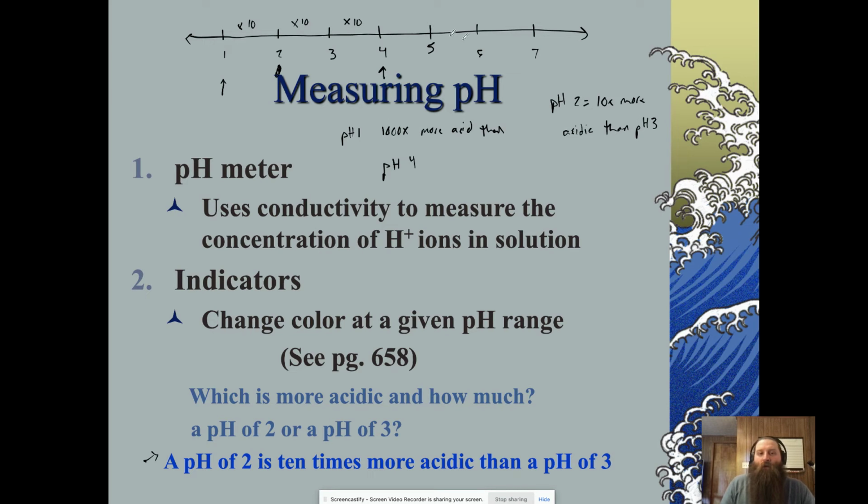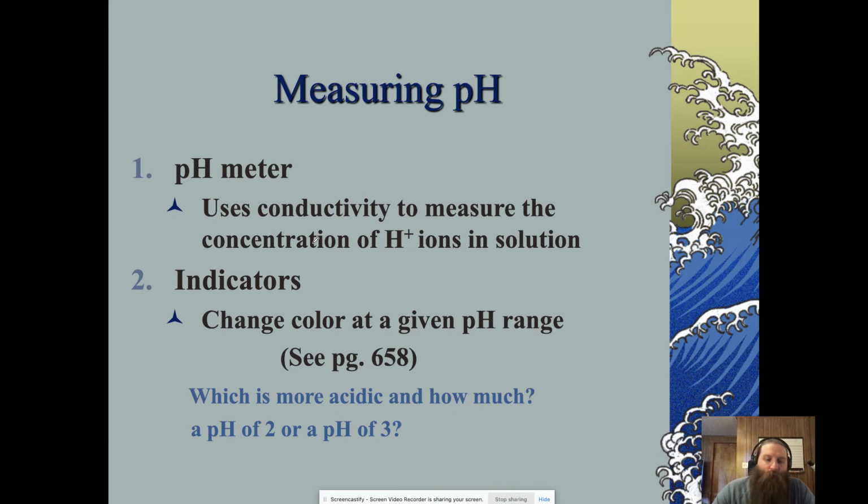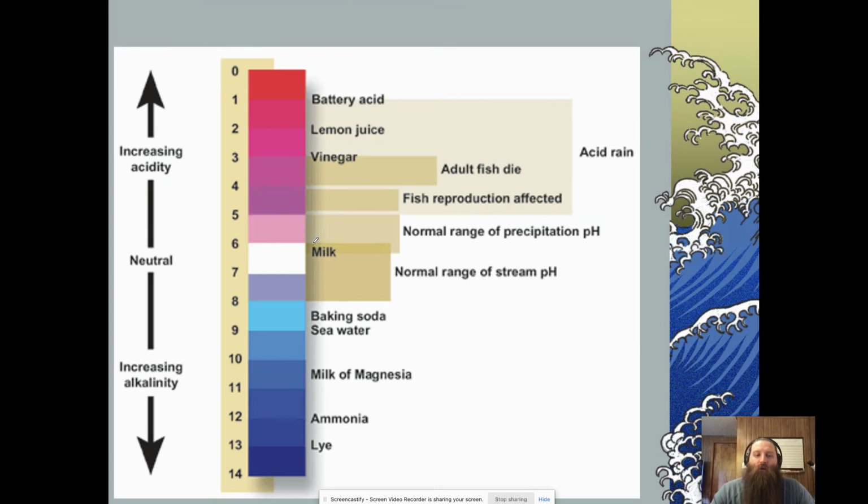And if you keep going, times 10, times 10, times 10, right? 10 times 10 is 100, times 10 is 1,000, 10,000, 100,000, right? So between 6 and 1, you have 100,000 times more acidity. So that is the pH scale, right? That's how we measure it, all those good things.